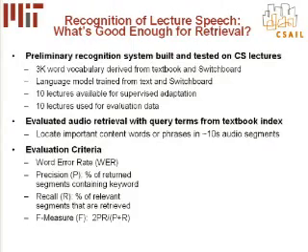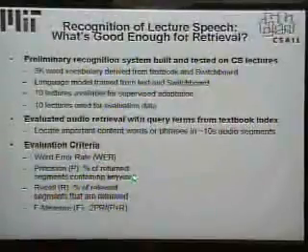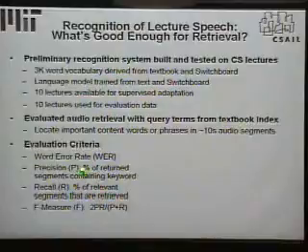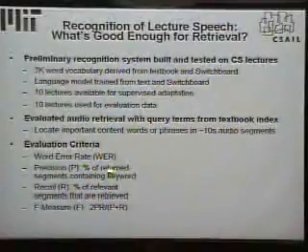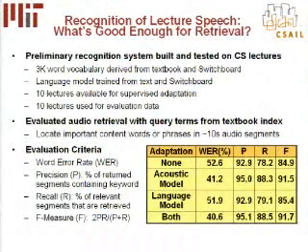And then we evaluate how well we're doing on finding roughly 10-second audio segments that contain these keywords that might be the query terms. And the criteria that we're looking at here are the word error rate, the precision of the returned segments, what percentage of segments we return actually contain that query term, the recall, what percentage of segments that contain the query term we return, and the F measure.